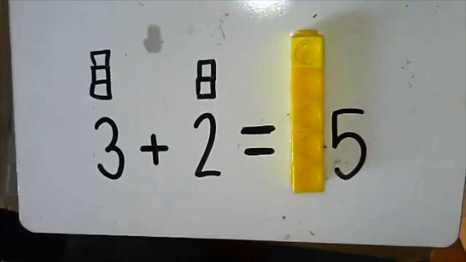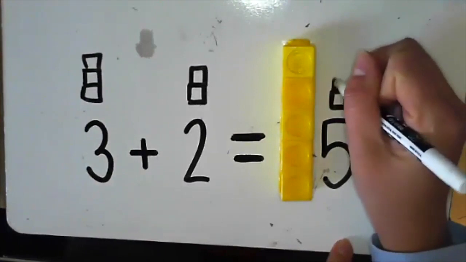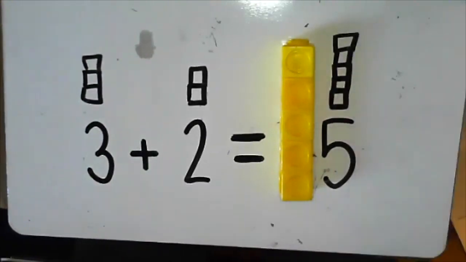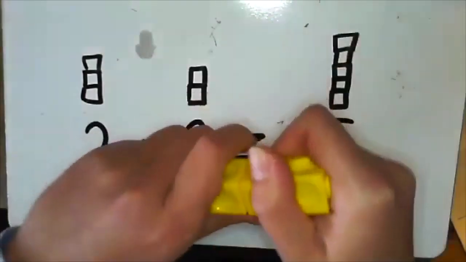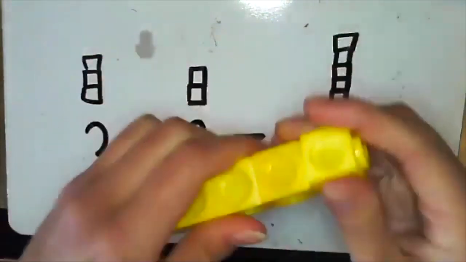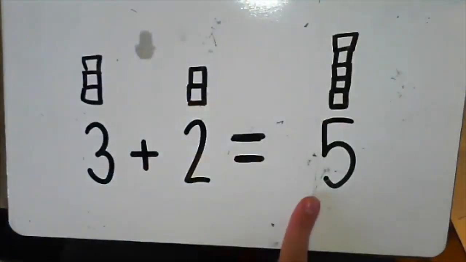There are 5 cubes in all. We can draw it. 1, 2, 3, 4, 5. 3 and 2, when you put them together, is the same as having 5.